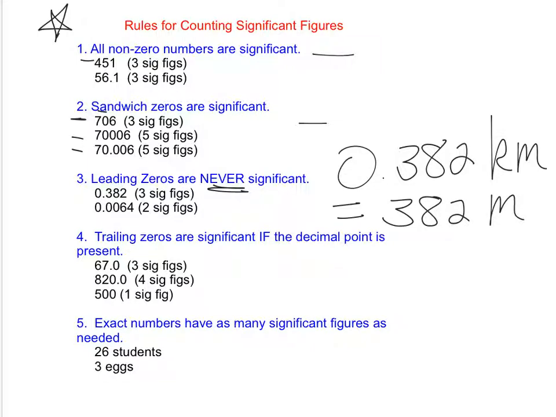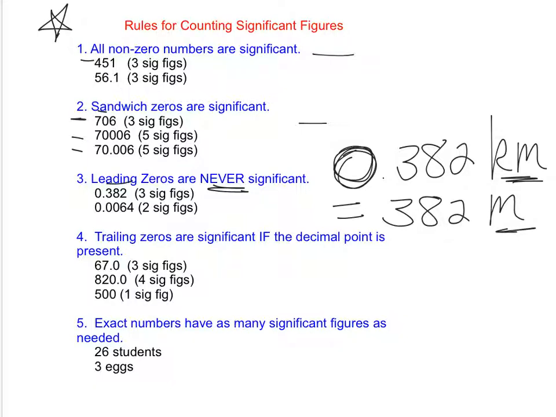It is still three significant figures. There's absolutely no difference between that. Just going from meters to kilometers, you don't suddenly make it more precise and count that as a significant figure. That is not included as being significant. It is just a placeholder. So again, that's when it's a leading zero.